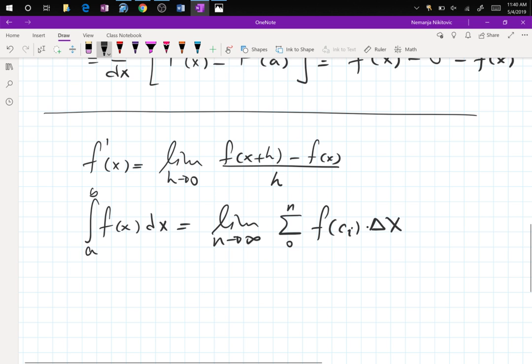What's different between the formulas? I'll wait.